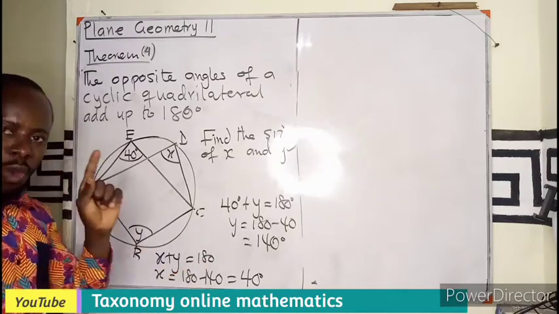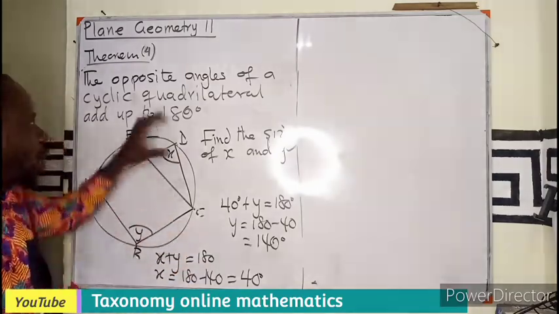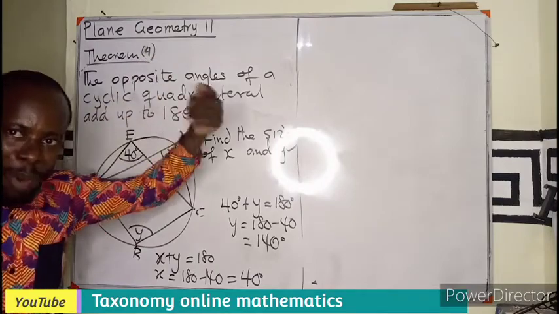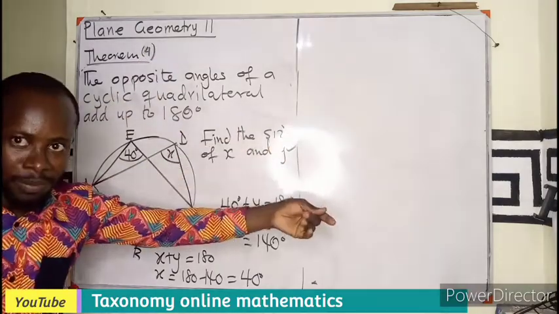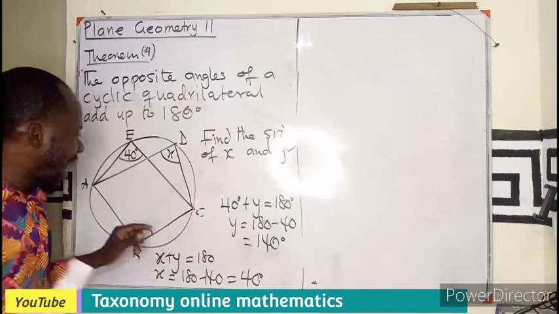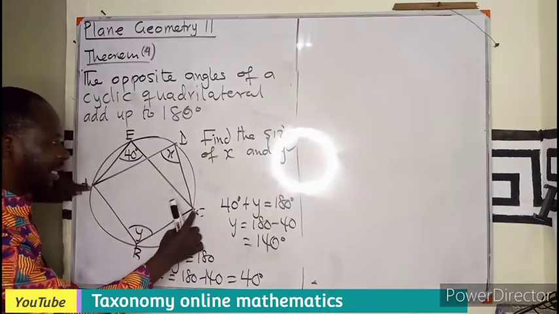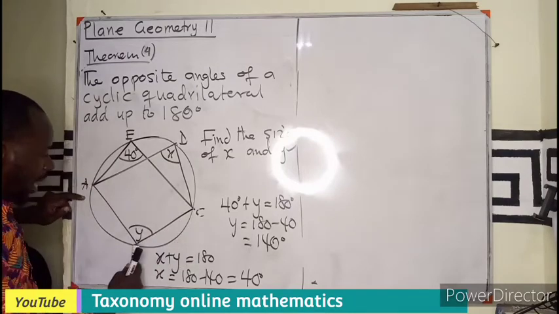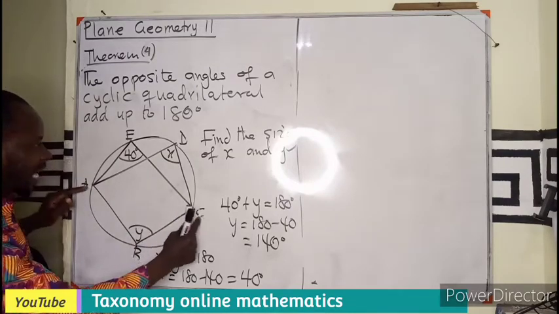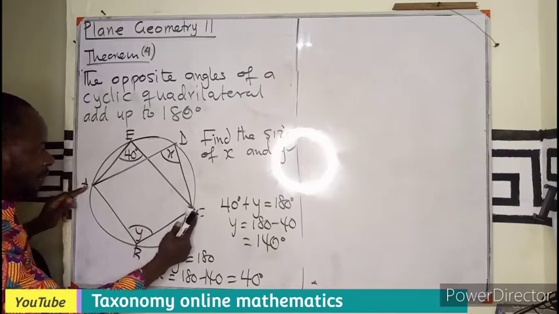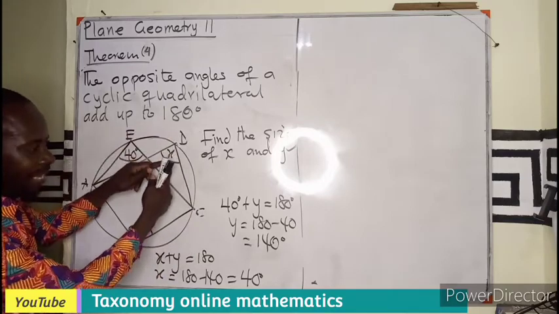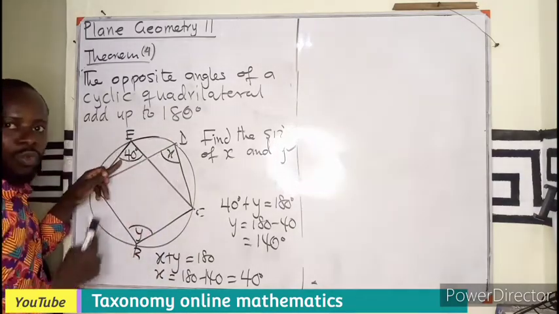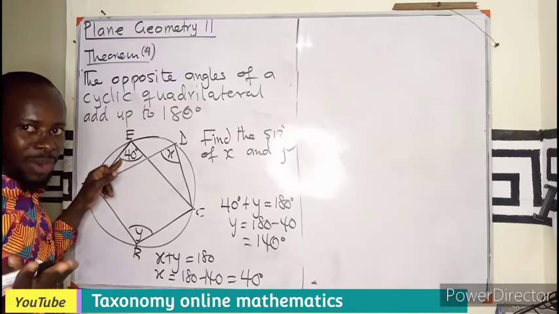Good. But there is also one way we can get the x without using this property. Using the second theorem, which says that the angles subtended by an arc at the circumference are the same. So the arc ABC subtends the angle 40, and it is the same arc that makes the angle x. Therefore, x is equal to 40. You see, no calculation needed.